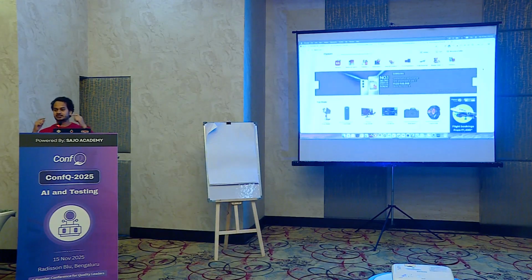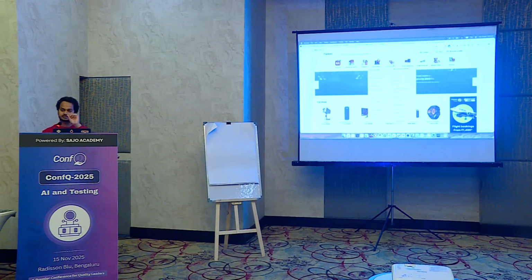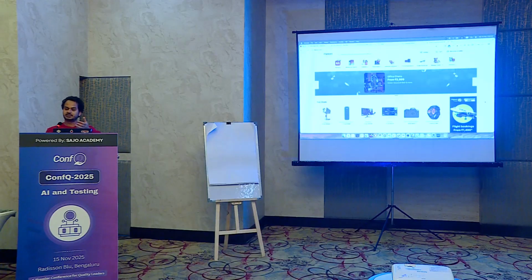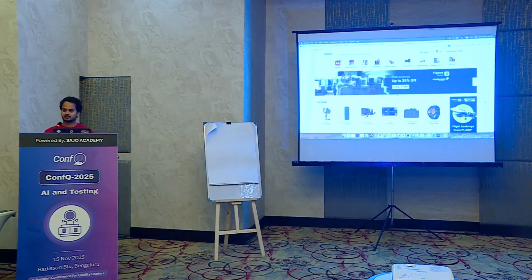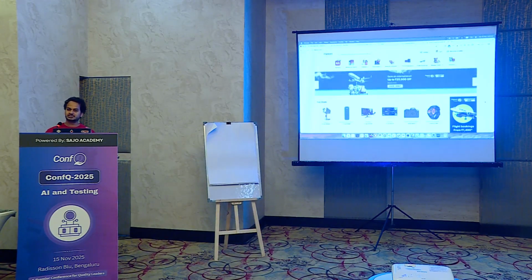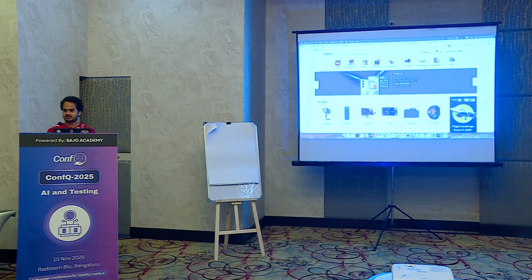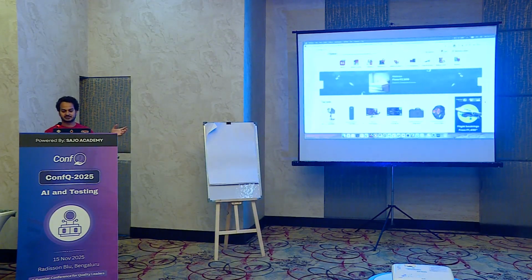Whenever a release change happens, a small feature change, let's say on this sub-menu or menu, any small change, the developer will give you the release, and generally what we do is just test that particular feature the fix has been done for. Agree? But we don't test everything.